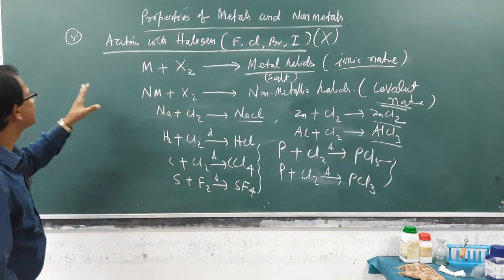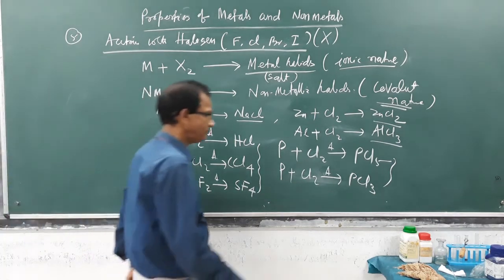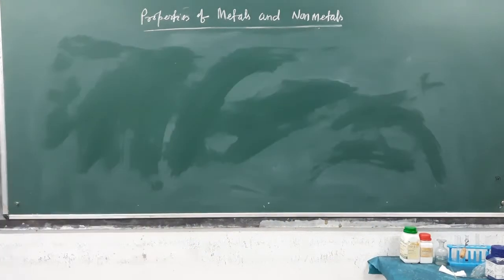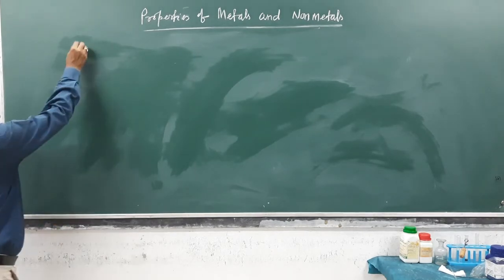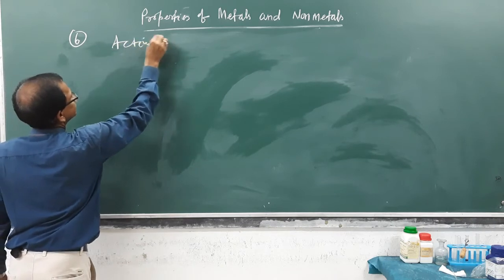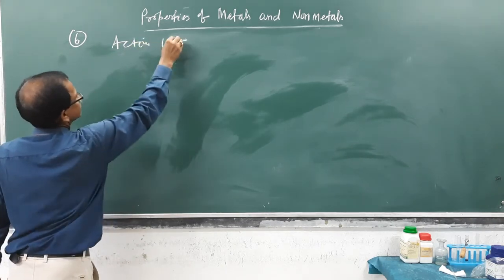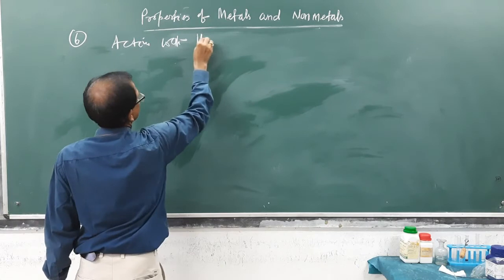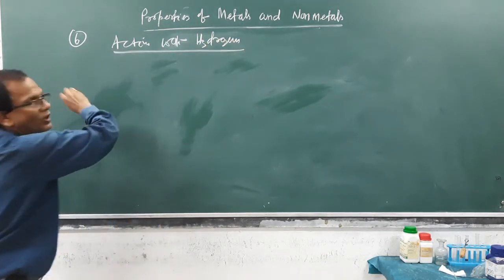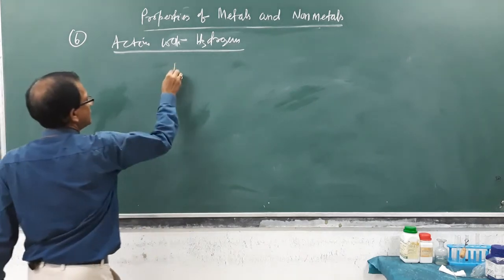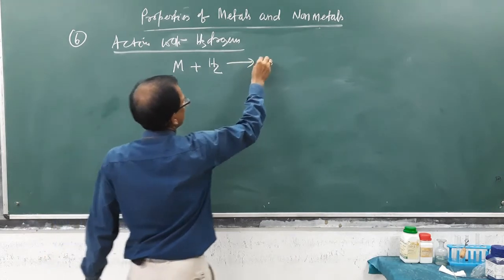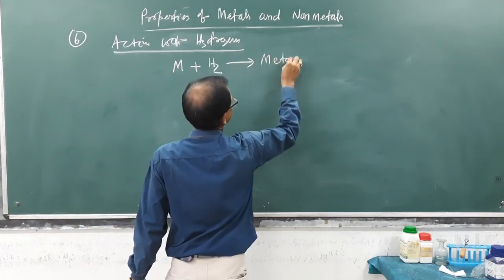Okay, then next properties, action with hydrogen. Metal reacts with hydrogen to produce metallic hydrides.